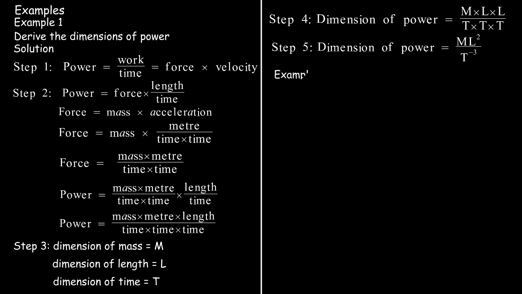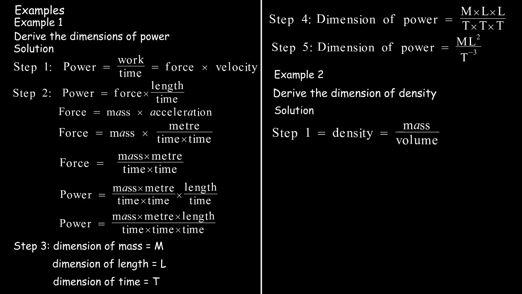For our example 2, we are told to derive the dimension of density. Following our steps, step 1 is to define the quantity itself, and density is equal to mass over volume, which we make in step 2. It will become mass divided by length times length times length, because volume is meter cube, which is also length cube.